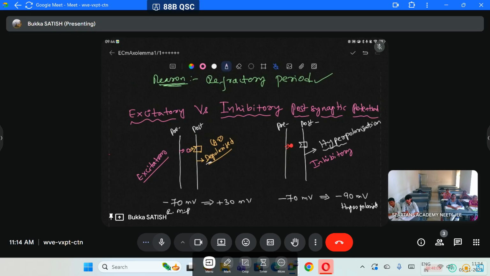But instead of undergoing depolarization, it has undergone hyperpolarization. Is this logic clear, everyone? Right. This is what we call inhibitory postsynaptic potential. The first one is excitatory postsynaptic potential, EPSP. This one is IPSP.